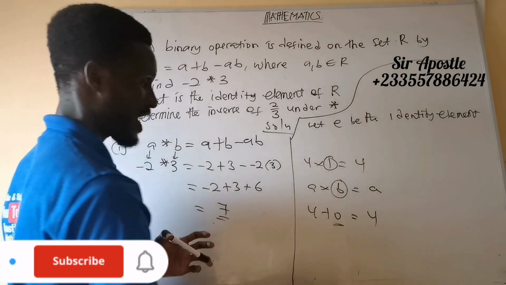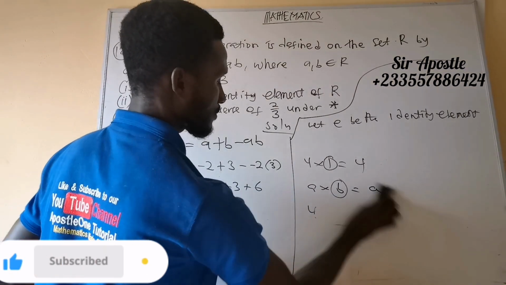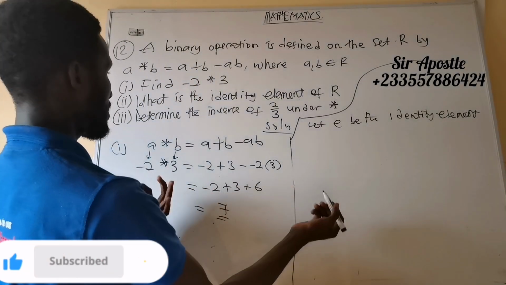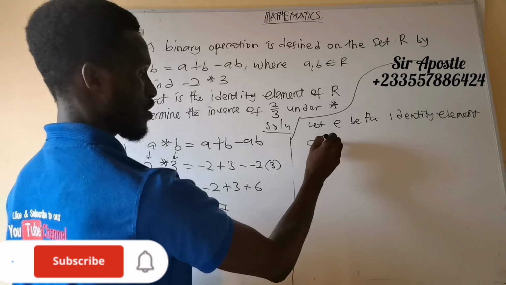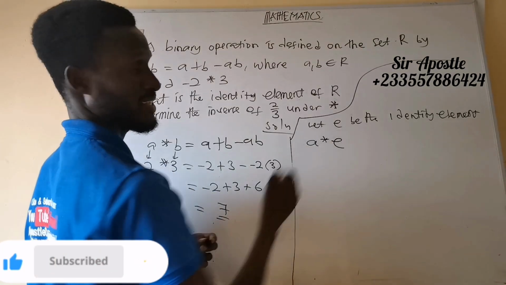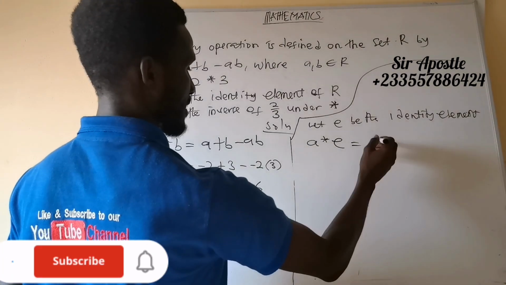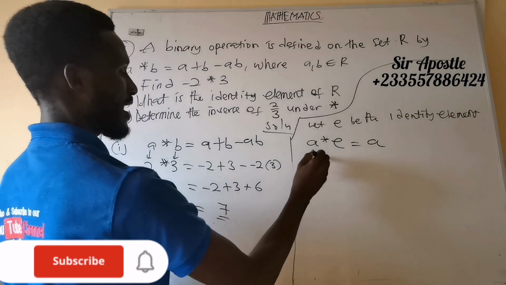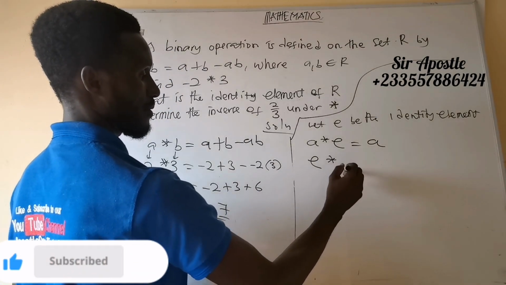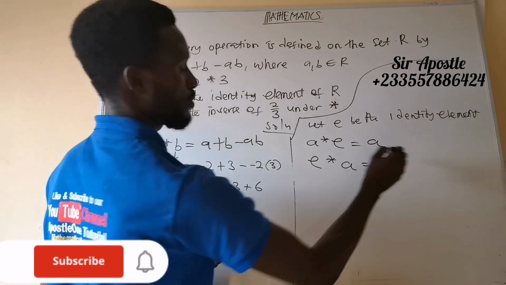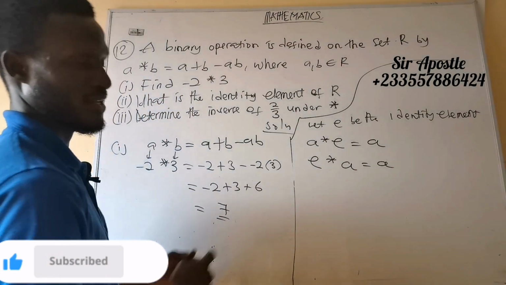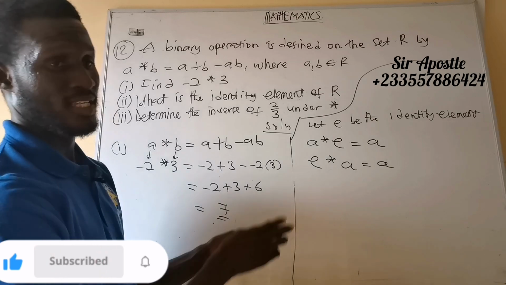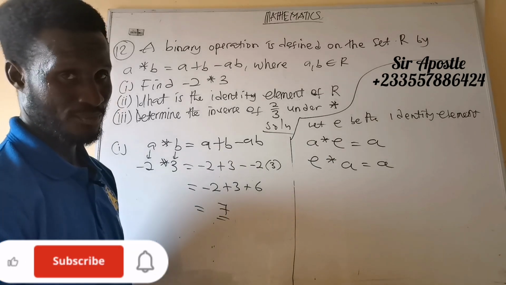But when it comes to binary operation, the concept here is that when I perform A operation the identity element, I'm supposed to get A. Or the identity element operation A, I'm still supposed to get A. The identity element is like a reflection of the number. It gives you the exact number.